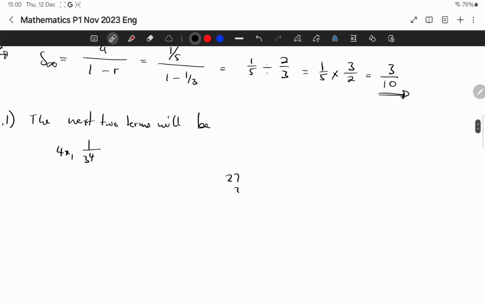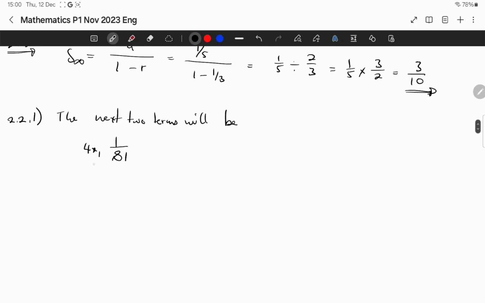That's 27 times 3, which is 81. Those are the two terms that you have there.